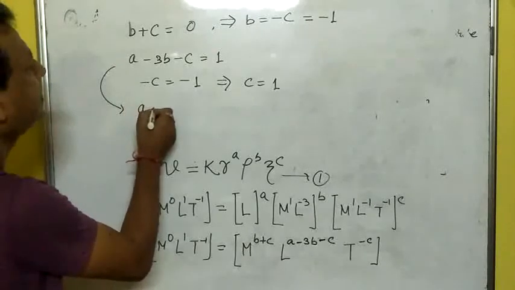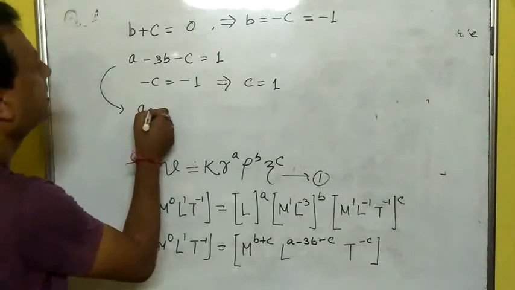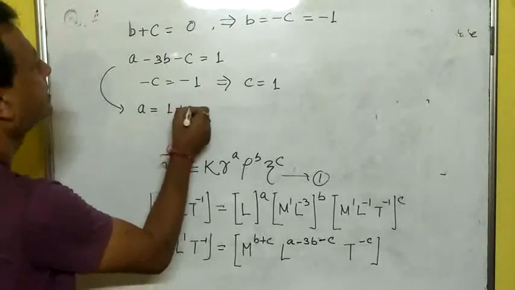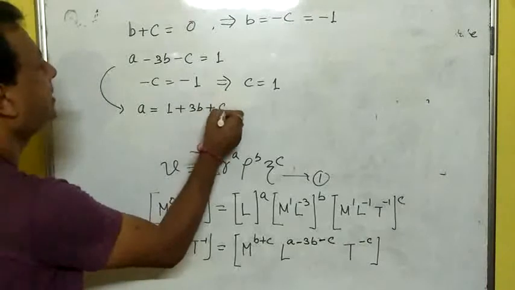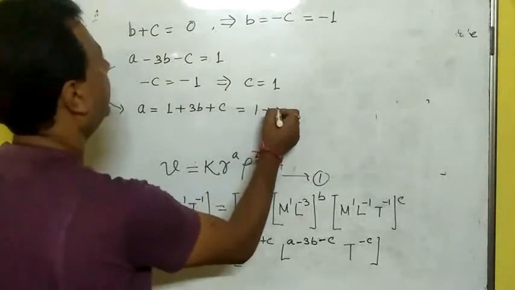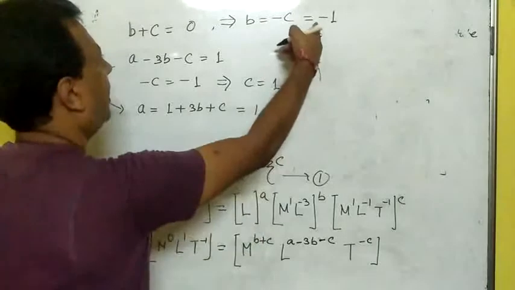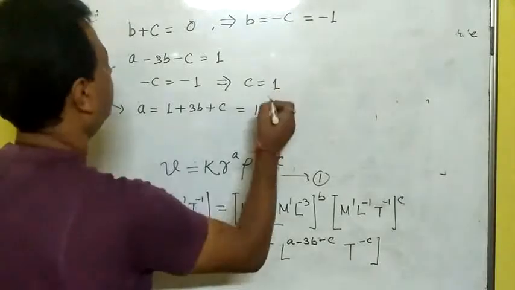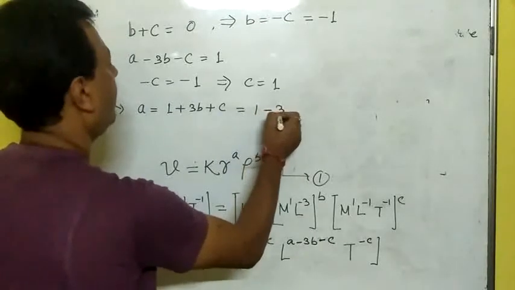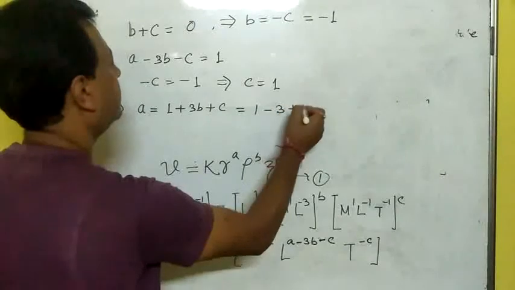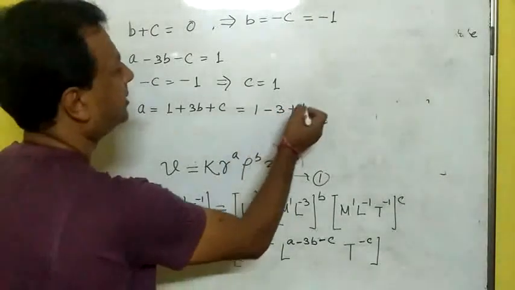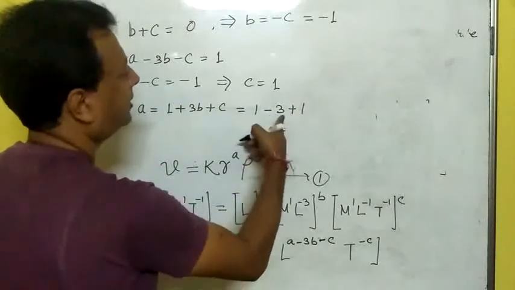Now let us find out how much a equals. So a is equal to 1 plus 3b plus c. It's 1 plus 3b, and b is minus 1, so we can write it as 1 minus 3 plus c, and c is 1. So it's minus 3, plus 1, plus 1.